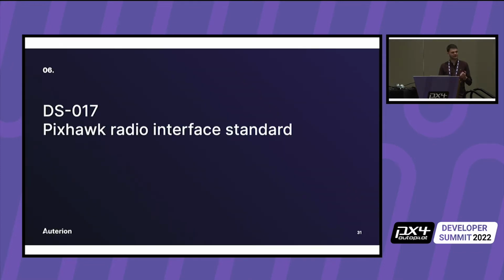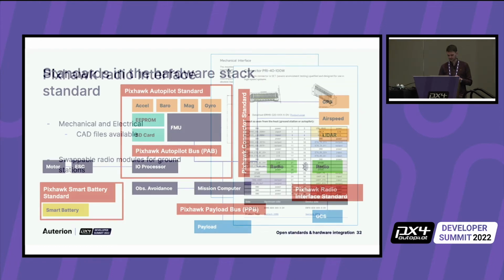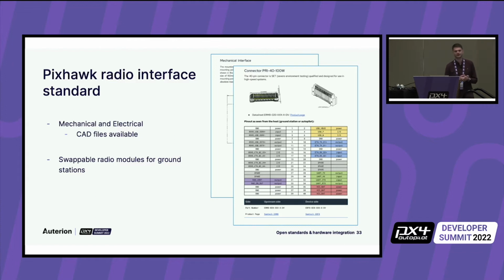Then, as the last one, the newest standard, the Pixhawk radio interface standard. I'm just going to quickly go into this one. This is down here, and it basically defines an interface connector where you can swap out radio modules on your ground station.